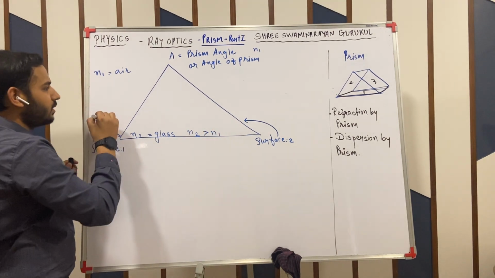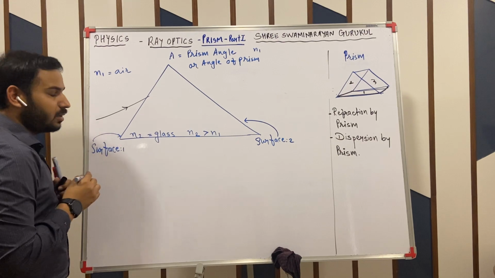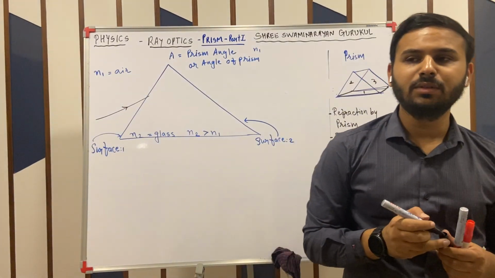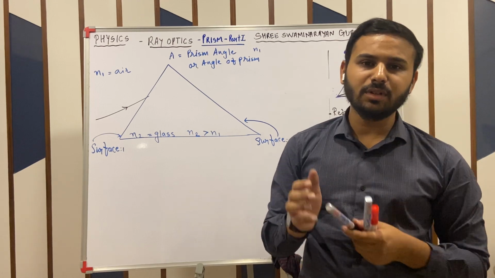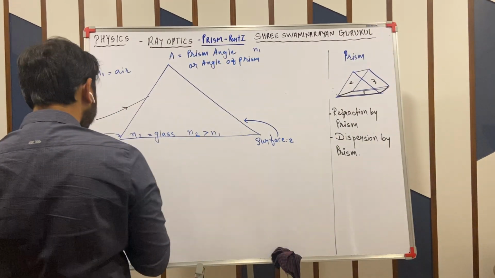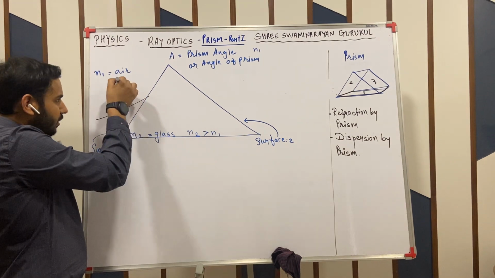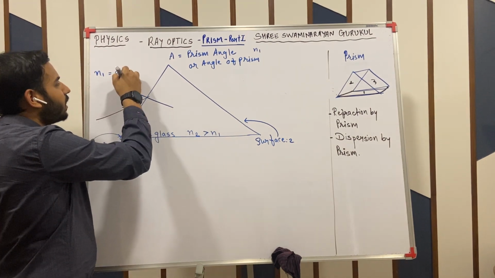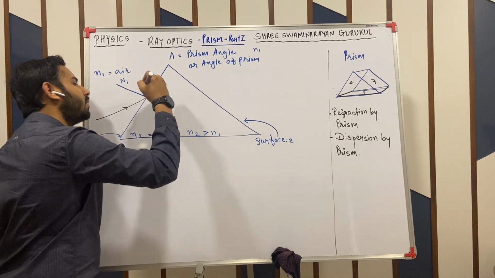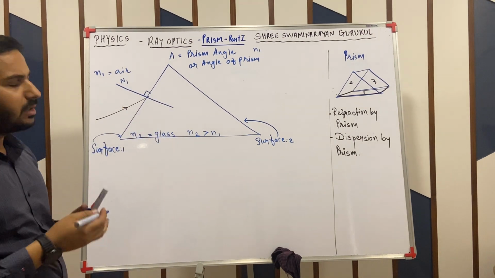This is the incident ray to the surface. Always, whether it is reflection or refraction, we need to focus on those angles which are made with the normal to the surface. So this is normal 1 at surface 1. Normal is always making an angle of 90 degrees, that's why it is called normal.